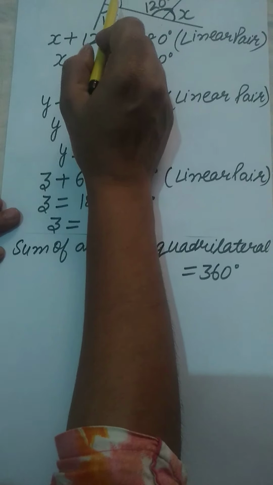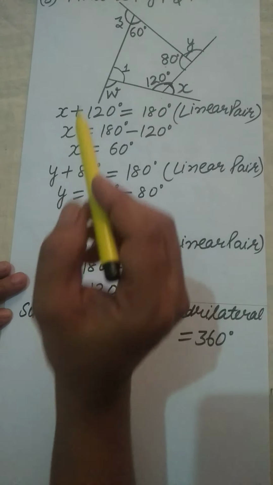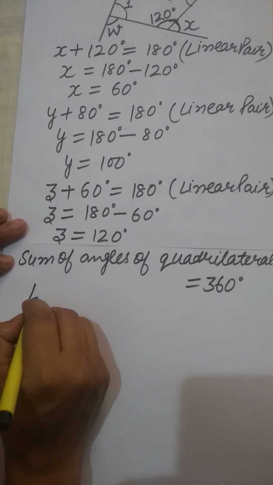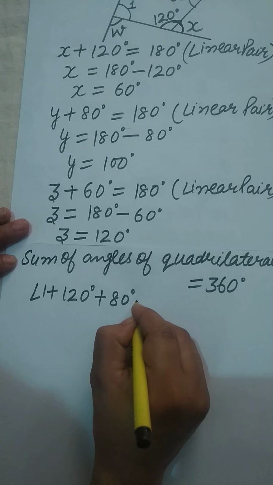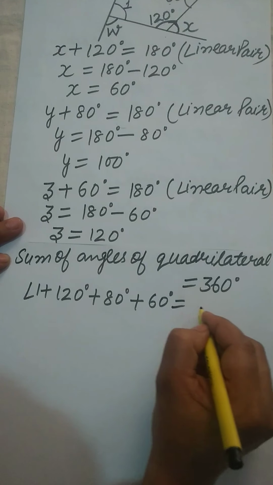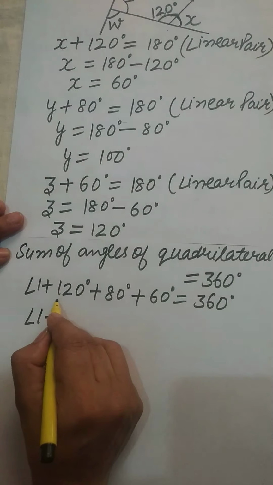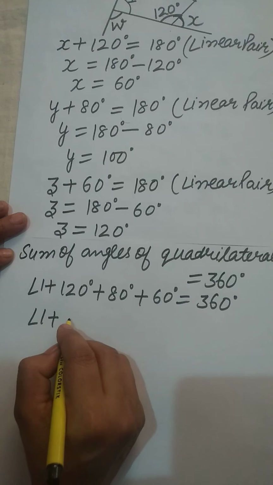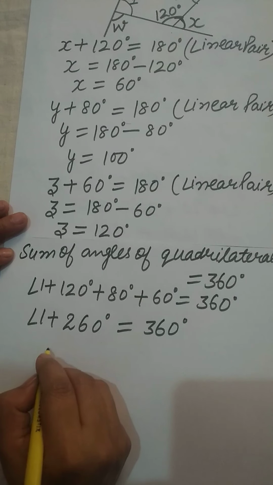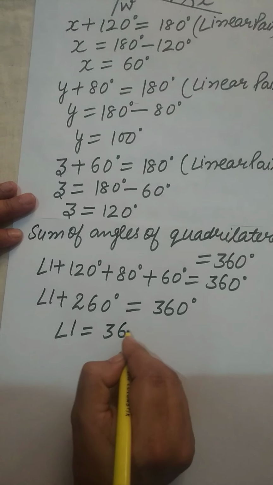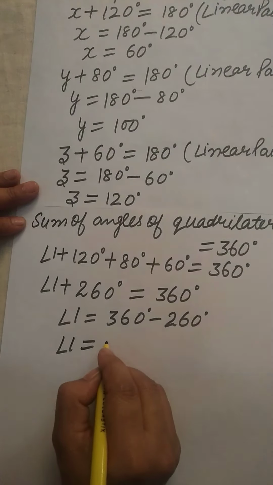That is angle 1 plus 120 degree plus 80 degree plus 60 degree is equal to 360 degree. So angle 1 plus 120 plus 80 plus 60 is 260 degree is equal to 360 degree. So angle 1 is equal to 360 degree minus 260 degree. Angle 1 is equal to 100 degree.